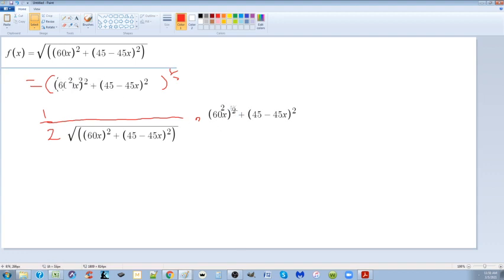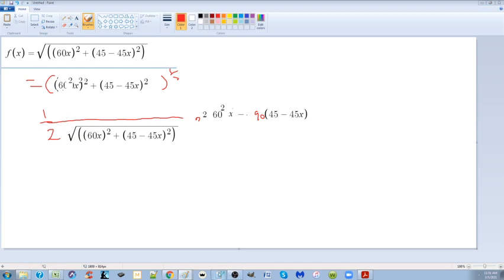So you've got to be careful of that. So the derivative of this is that. And the derivative of this is a whole different chain. Fortunately, it's not too bad of a chain. Times minus 45. What's minus 45 times 2? Minus 90.